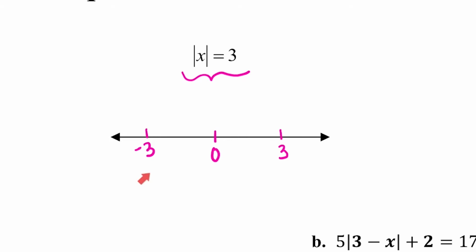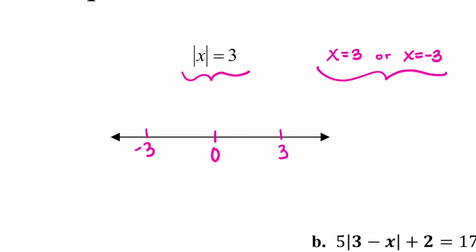No matter if I'm here or here, I am 3 away from 0. So the answer to this equation would be that either x equals 3 or x equals negative 3. Both of those would be answers because they're both 3 away from 0.